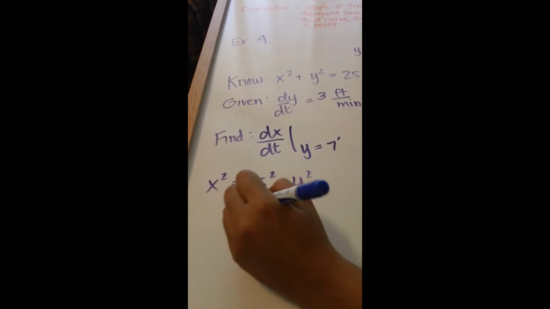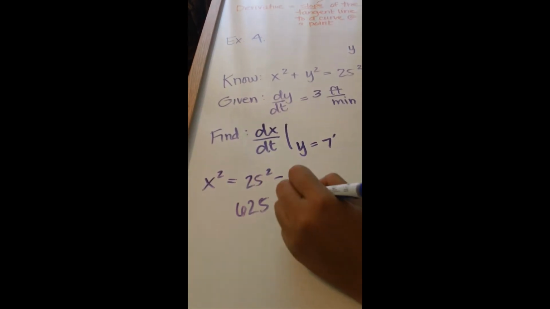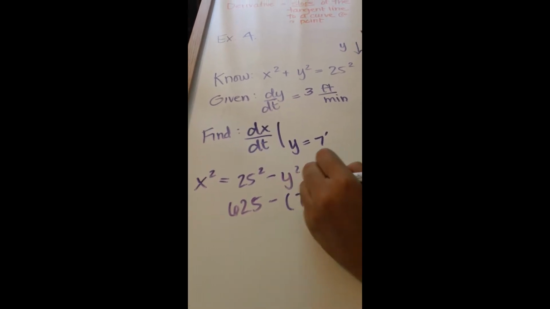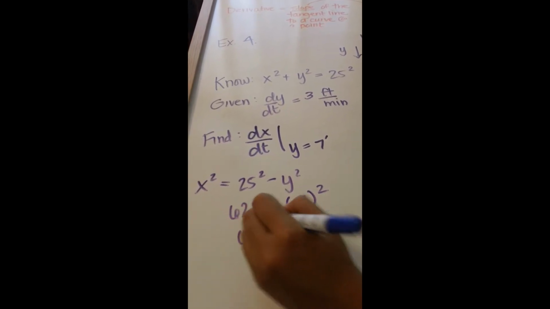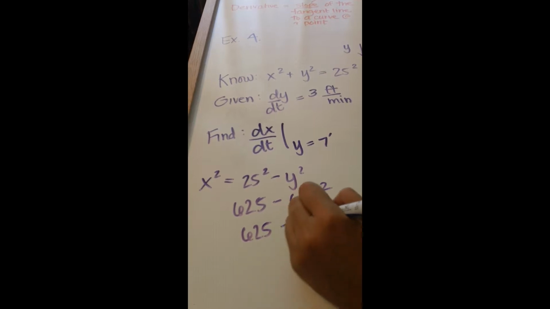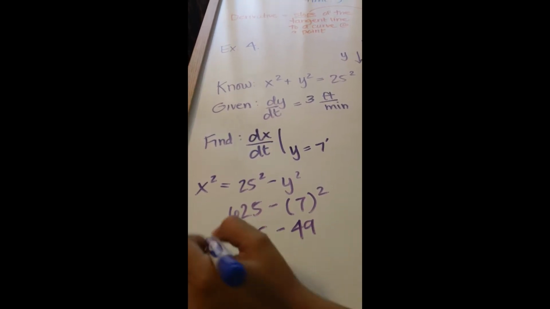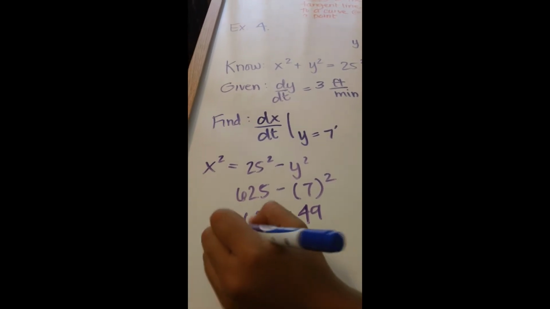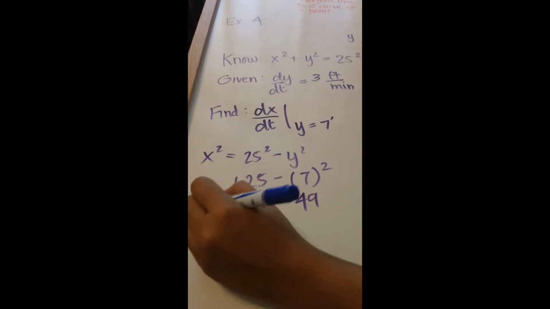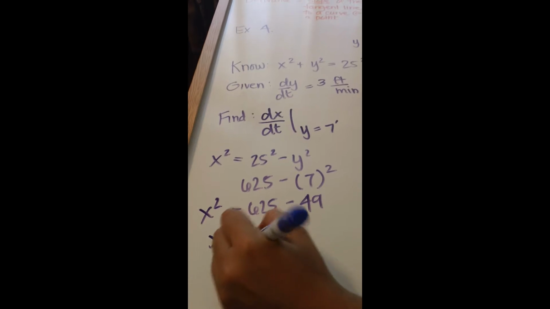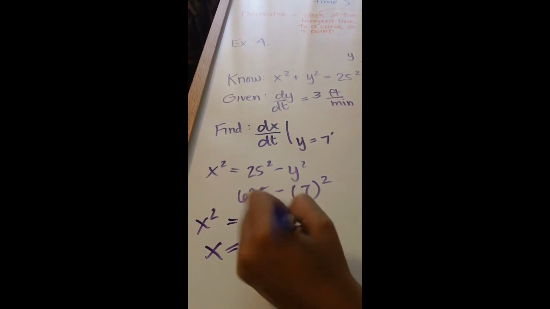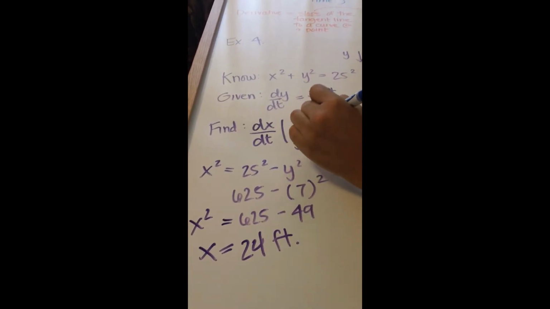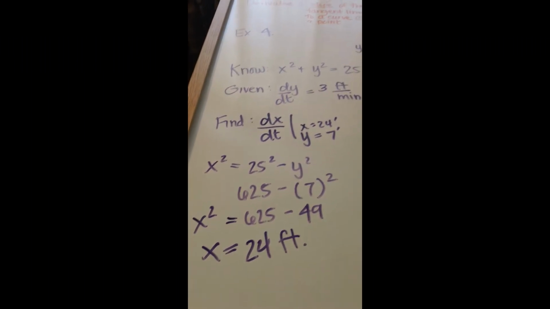Well, 25 squared is 625 minus y, in this case 7 squared, so 625 minus 49. I'm not too sure what that is off the top of my head, but when we take the square root, x will equal 24 feet. So x will equal 24 feet.